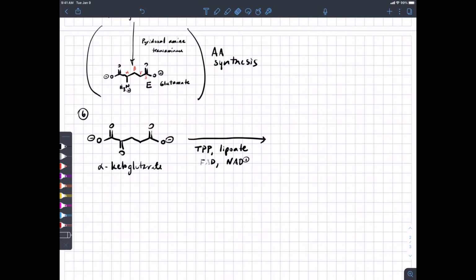And actually, we can just say NAD plus, and I think that's probably good enough. And then thiamine pyrophosphate ylide. Oh, I've already written that. Lipoate, and the enzyme that does this is called the alpha-ketoglutarate dehydrogenase complex.